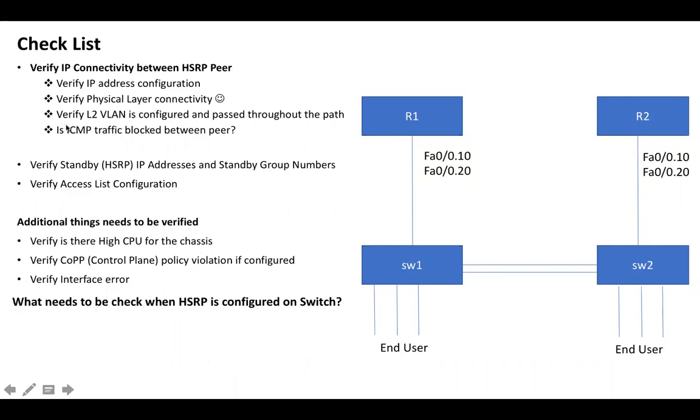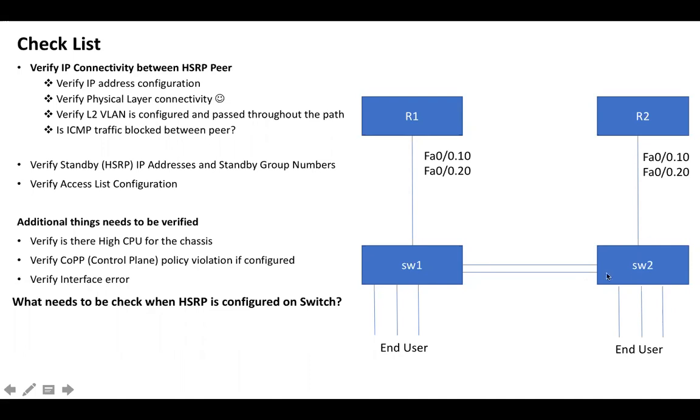In that case, second thing we have to verify: as this particular subinterface is part of VLAN 20, whether that VLAN is created on switch 1 and switch 2 or not. If not created, please create it and make sure that particular VLAN is passed on this interface as well as on these interfaces. Same way on switch 2, make sure that VLAN is passed on this interface as well as on these interfaces.